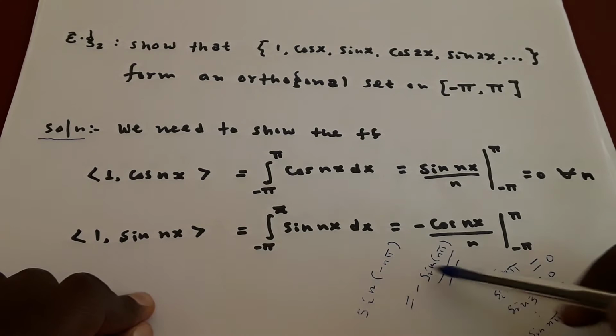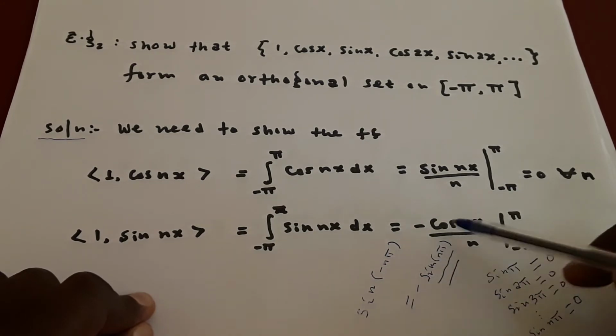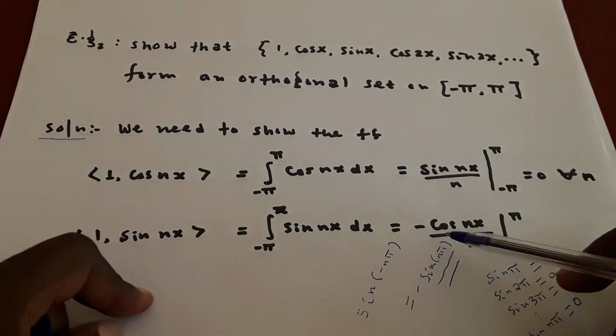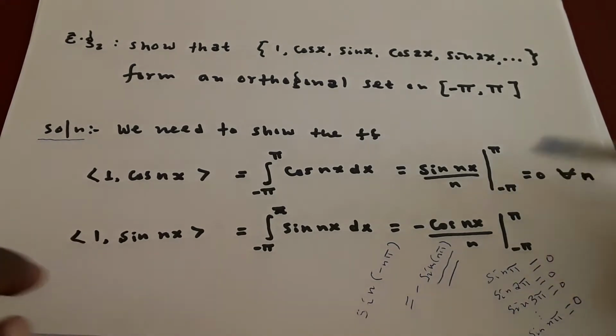So sine of minus n pi is also just 0. So 0 minus 0 is 0 for all n, where n is indexed from 1. That's why no restriction is needed.